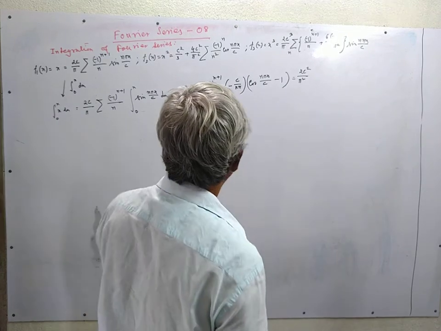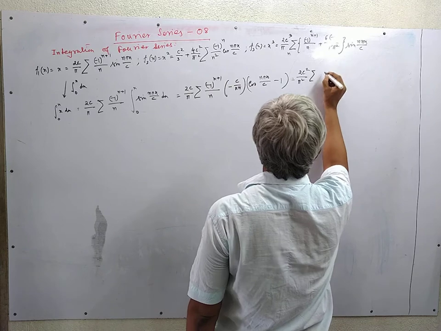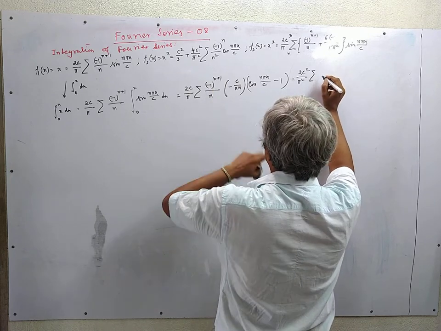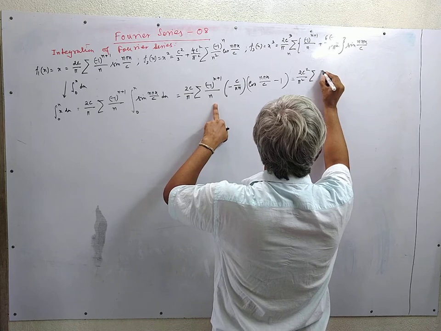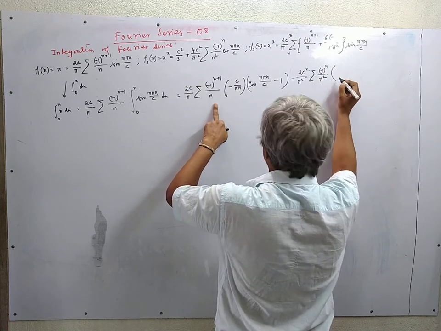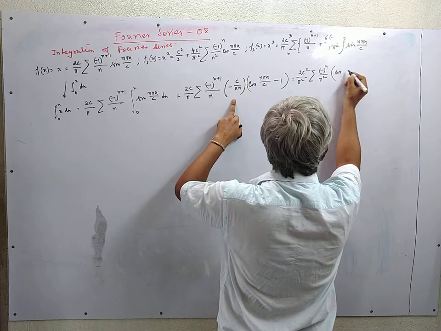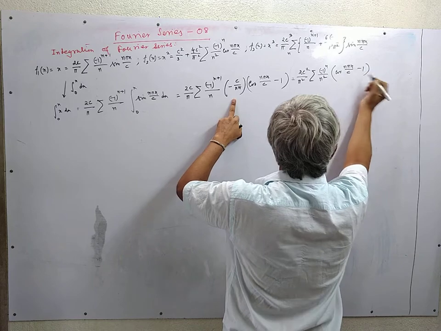This pi is taken out and then summation over minus 1 to the power n upon n square multiplied by cos of n pi x by c minus 1.